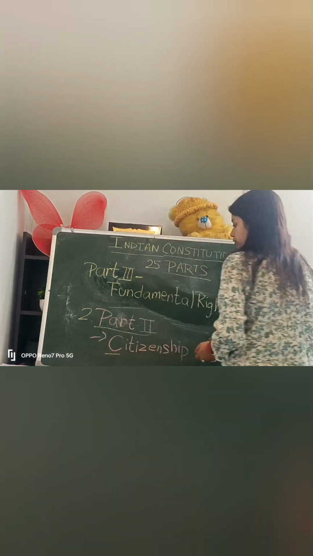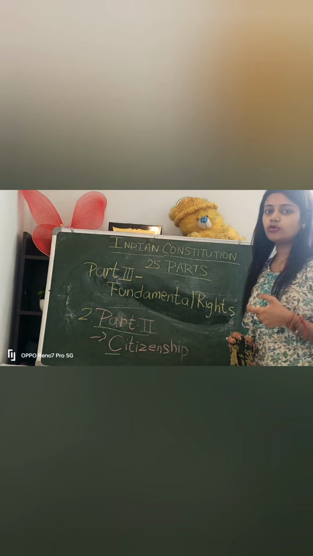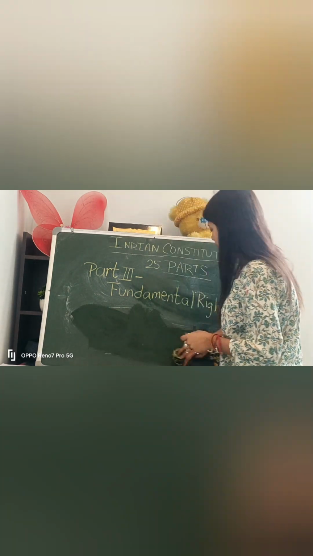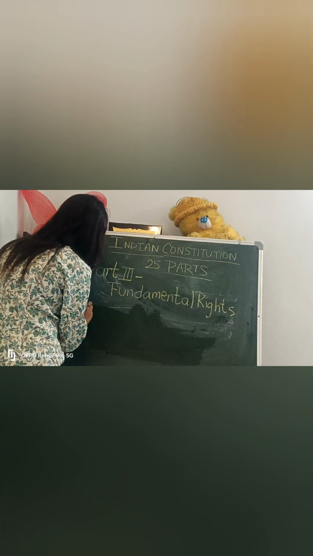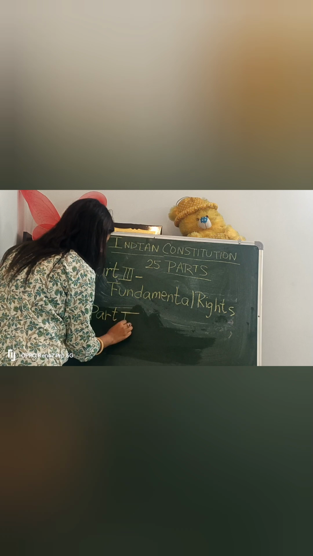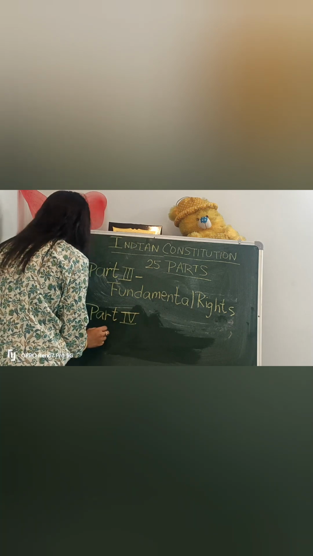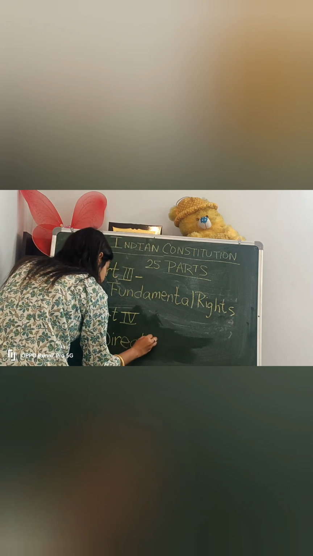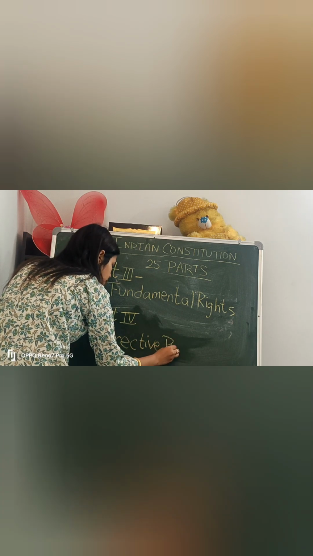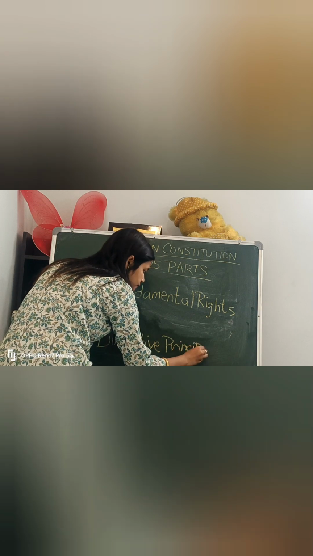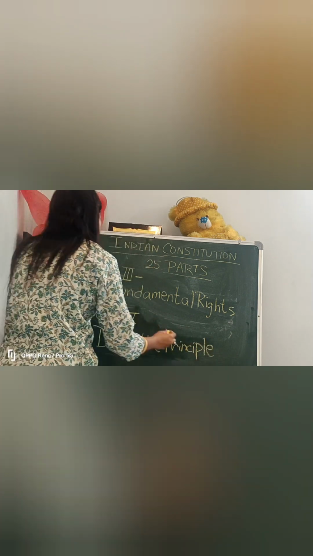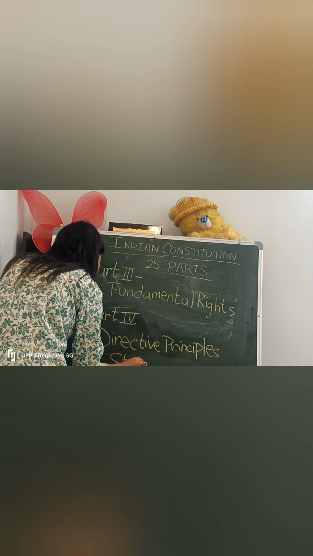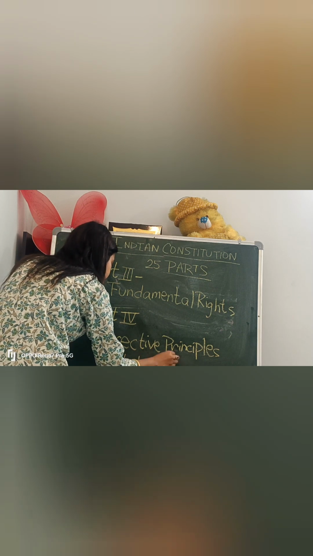Now, part 4, our mnemonic word is D. Our mnemonic word directly, you may see, is D. D stands for part 4, directive principles of state policy.